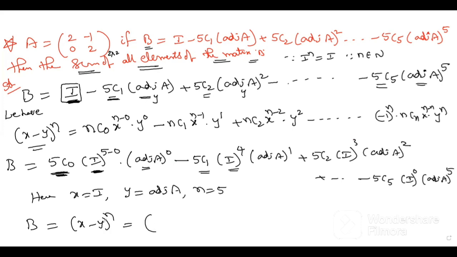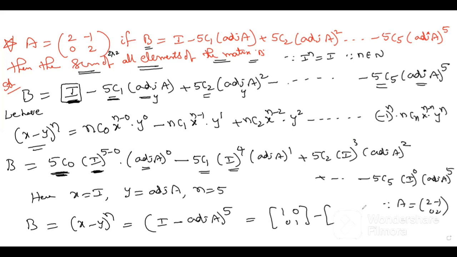So now I can say x is I, and y is adjoint of A, to the power 5. Okay, here I is the unit matrix 1 0 0 1, minus adjoint of A. From the statement, the A matrix is given as 2 minus 1 0 2.